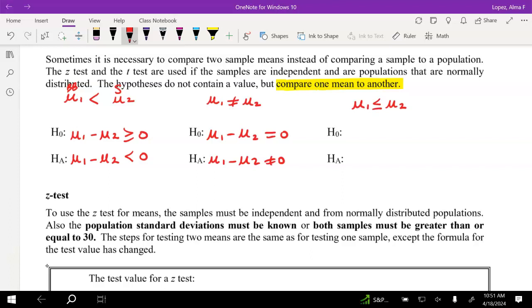So again, in order to write that as a hypothesis, it would be mu1 minus mu2 is less than or equal to 0, which would make our alternative that mu1 minus mu2 is greater than 0. So again, same symbols are involved, just the way that you build the hypothesis is a little different.